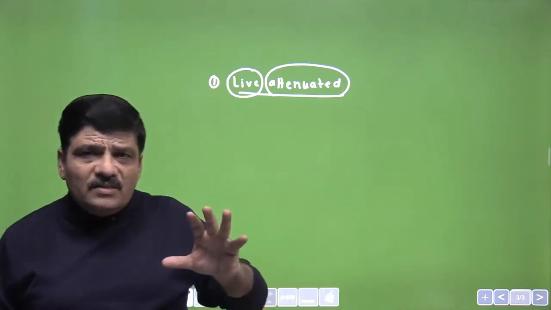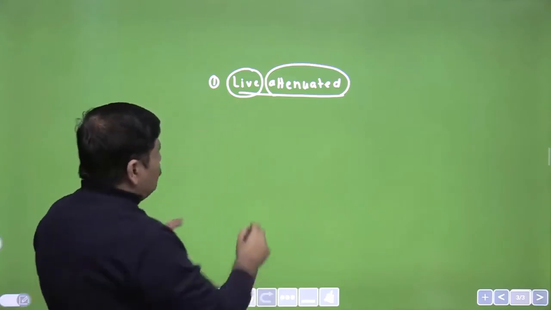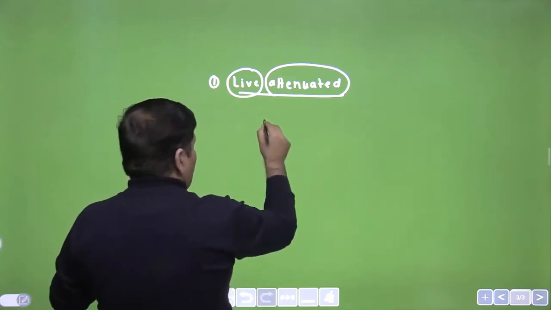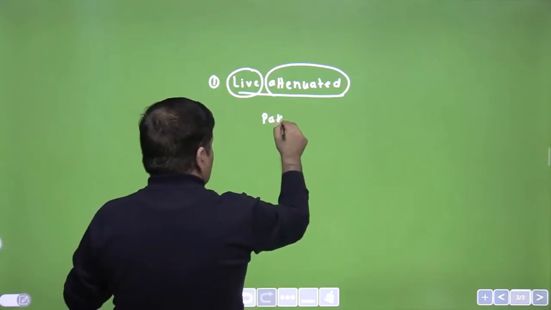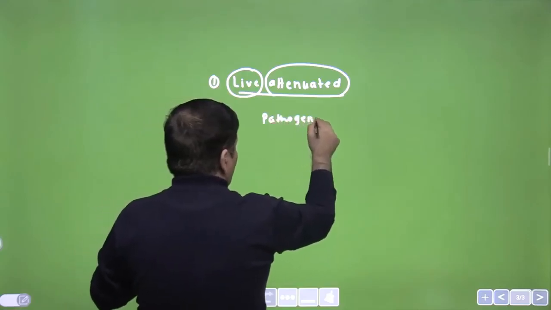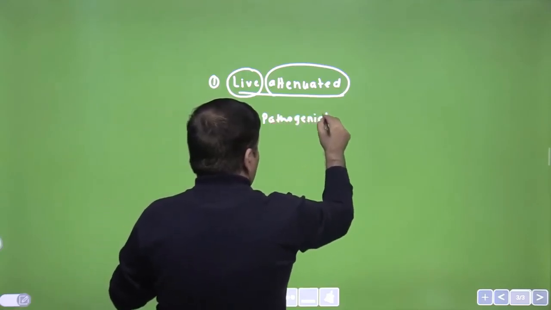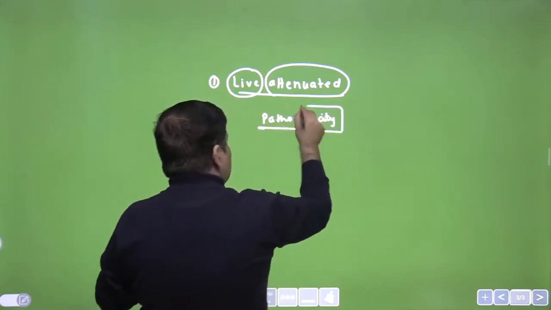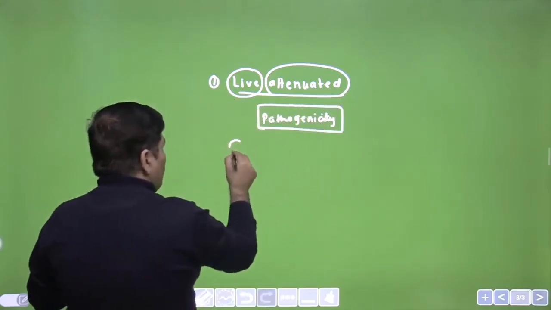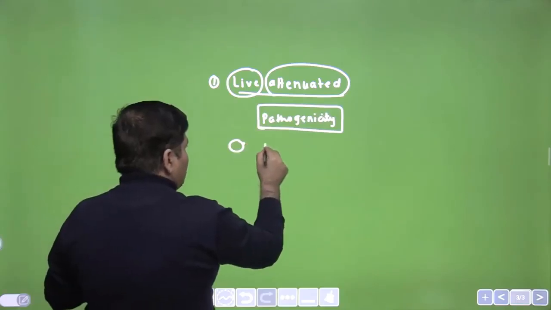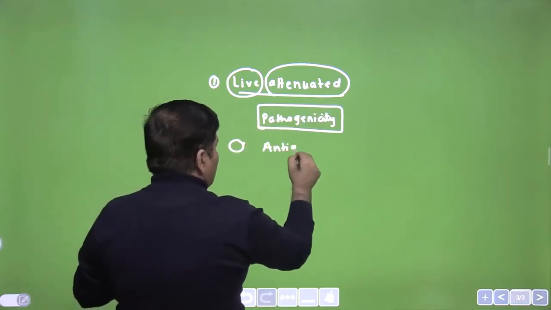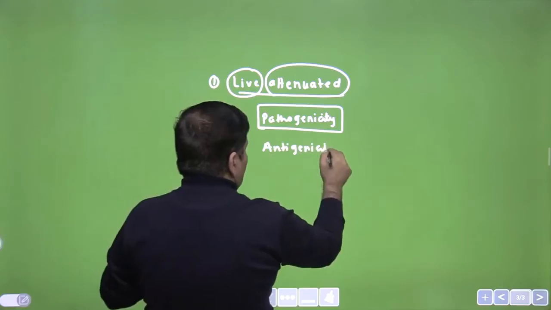So there is a pathogen, and in the pathogen the pathogenicity is decreased. That means somehow you modify the pathogen and significantly decrease its disease causing capability, but it would be carrying the antigen, and this antigenicity is maintained, and this is what we actually want.